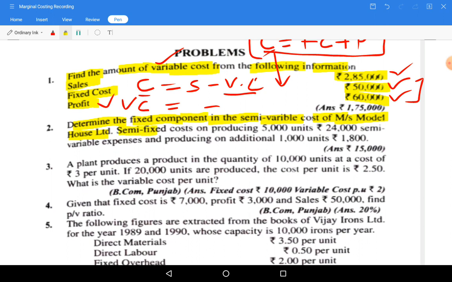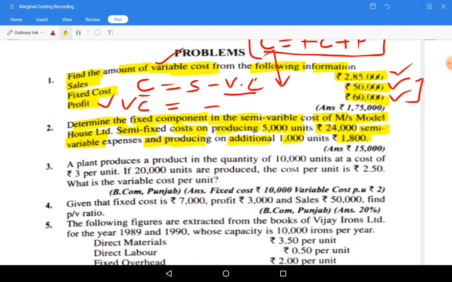The semi variable cost on producing 5000 units is 24,000 rupees. If you produce one more 1000 units, you need to incur 1800 rupees extra. This is the semi variable cost they are saying.